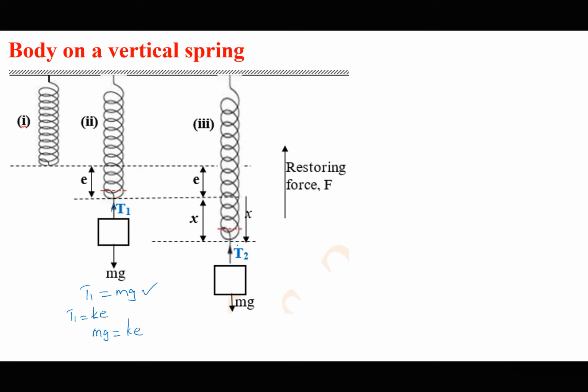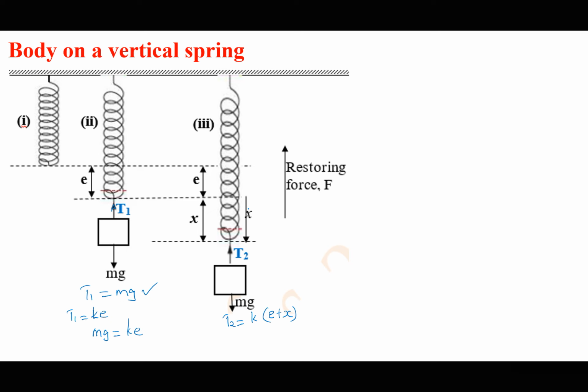According to Hooke's law, the tension is directly proportional to the extension. So the new tension, which I'm going to call T2, is the constant K times the new extension, e plus a further distance x. Because the displacement is downwards, the restoring force is in the opposite direction, trying to pull the mass back towards equilibrium. That calls for a minus sign that I'm going to introduce later on.